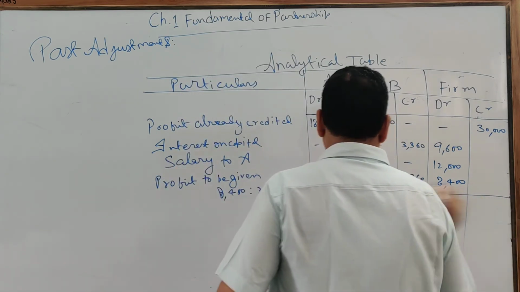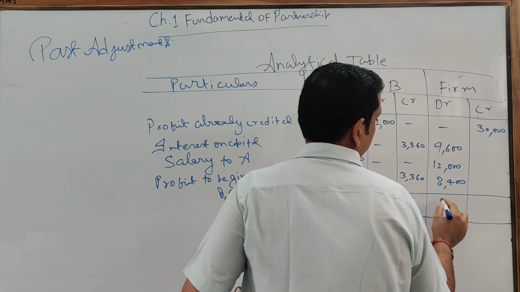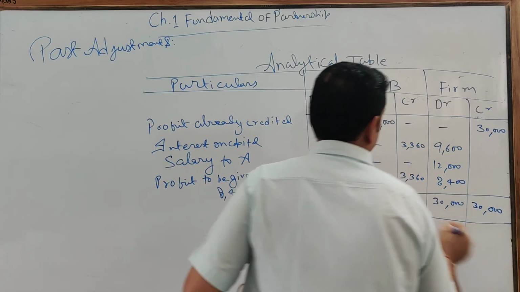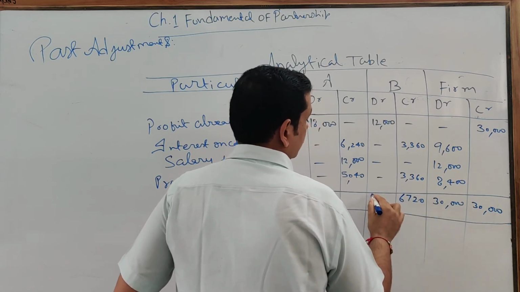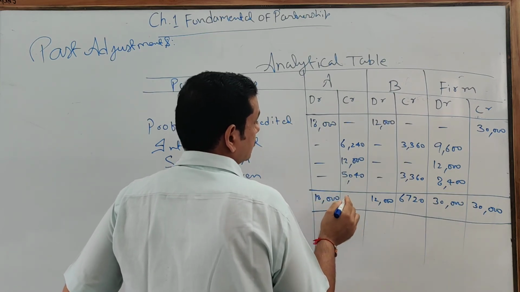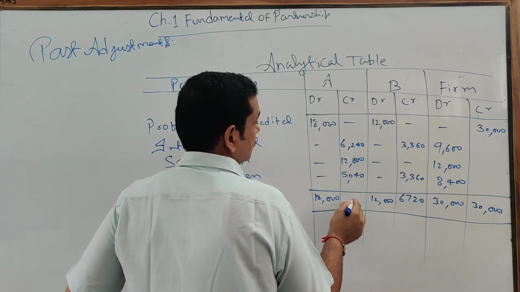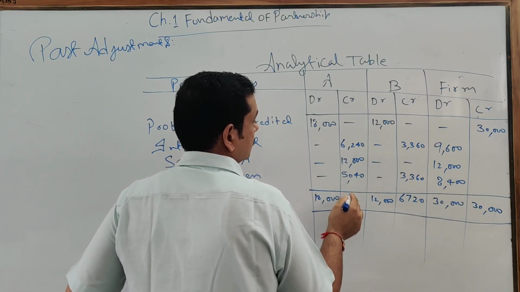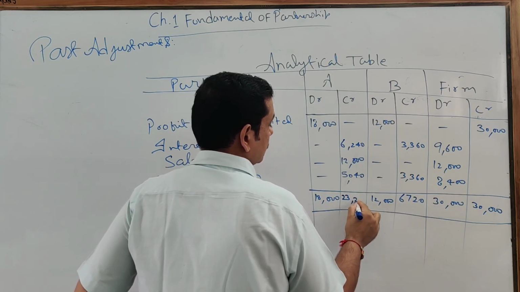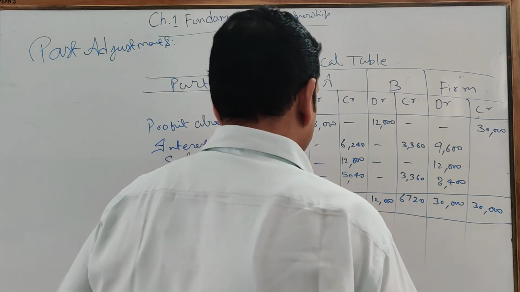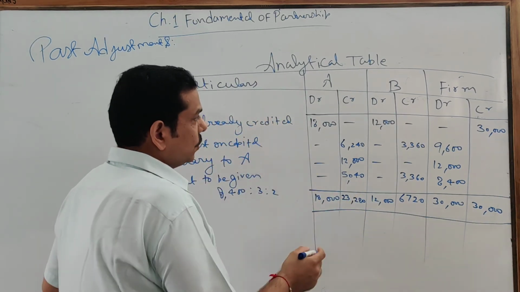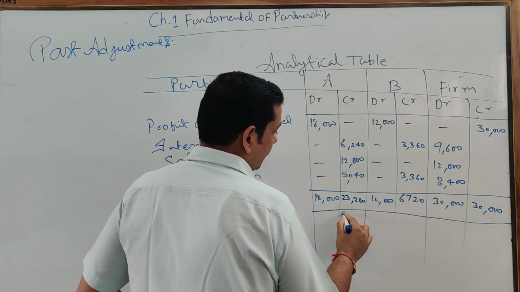Now we are going to make the total and find out the net effect. Now see, after making the total, the credit side of A is more, so write here 5280.